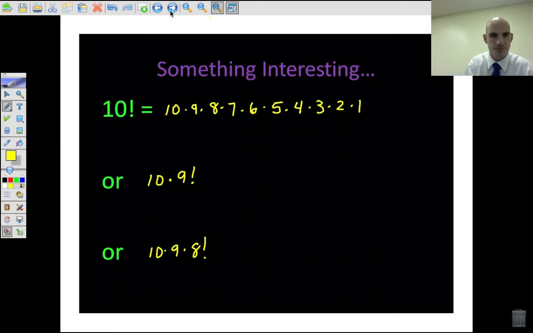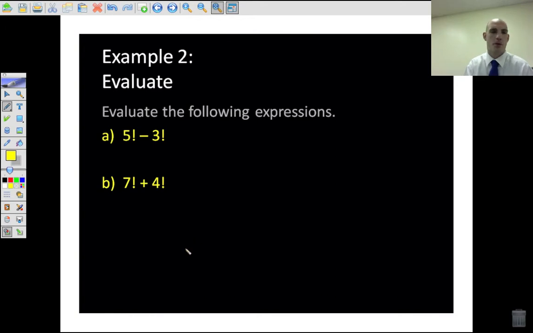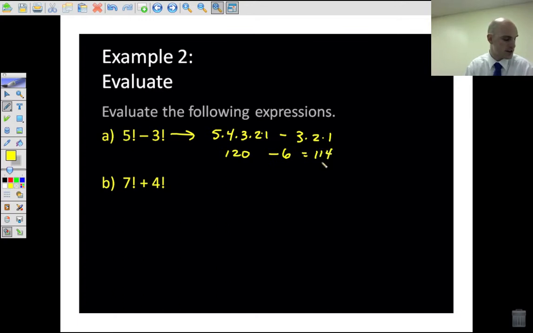Alright, so let's look at the next part. When we evaluate expressions using factorials, we're really saying do this operation, then do this operation. So if you paused here, now we can talk about the next part of this lesson. This is really going to be equal to 5 times 4 times 3 times 2 times 1 minus 3 times 2 times 1, or 120 minus 6 is 114.